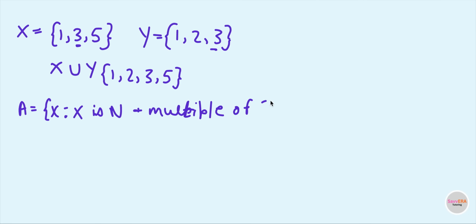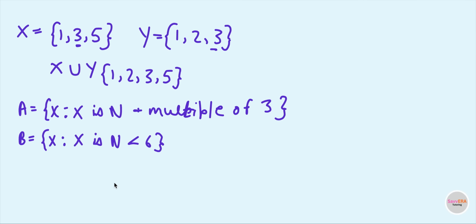Sorry for the messy handwriting. So that's that. And then we have set B, which is also element x such that x is a natural number less than 6. We are asked to find the union of these.